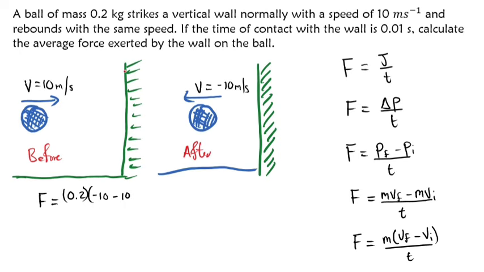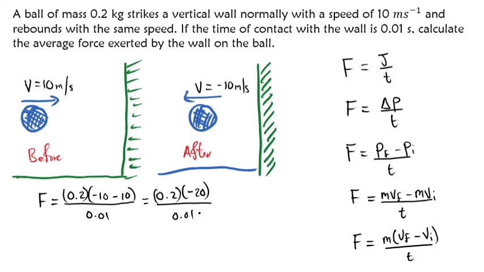So the before, which is the initial, is a positive 10, while the after is a negative. So this is over the time taken, which is 0.01. Okay, so if we subtract the two 10s, we'll get a minus 20. So this will give us 0.2 multiplied by negative 20 divided by 0.01.